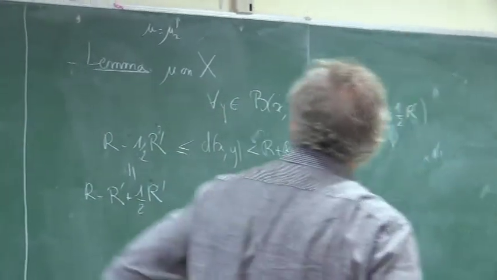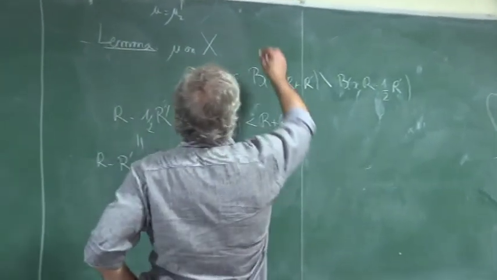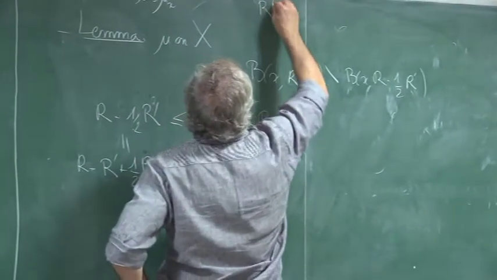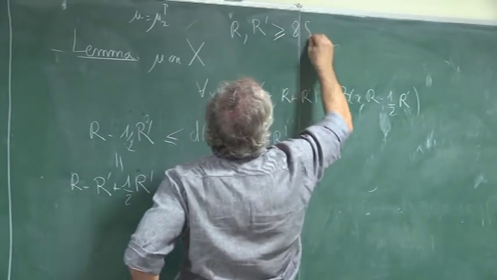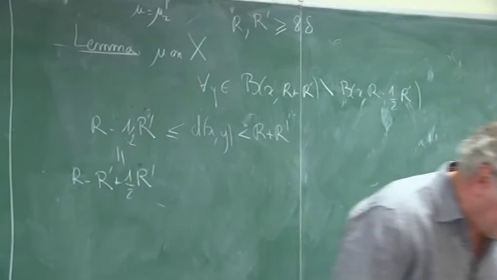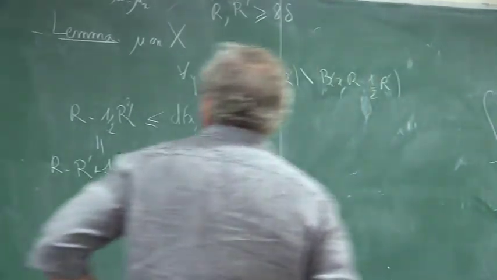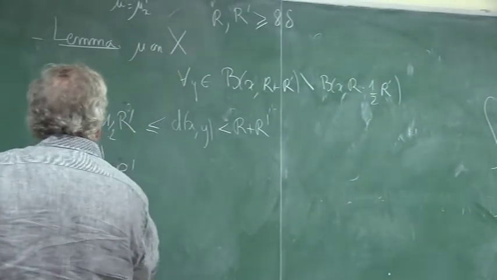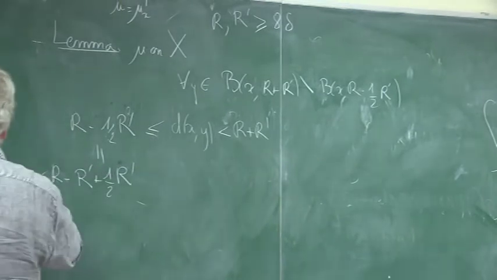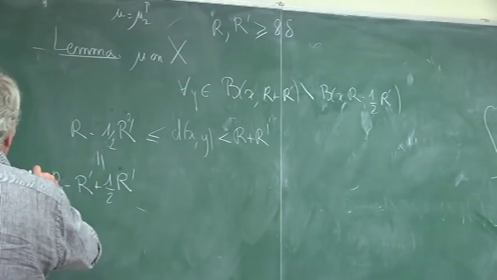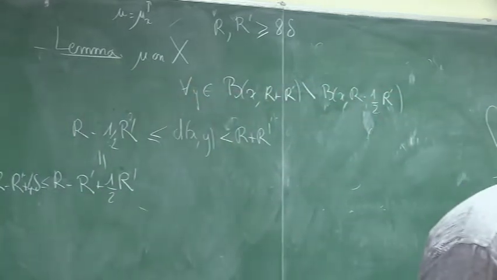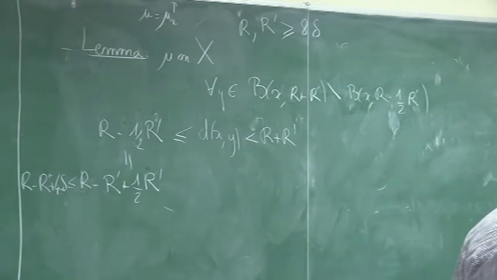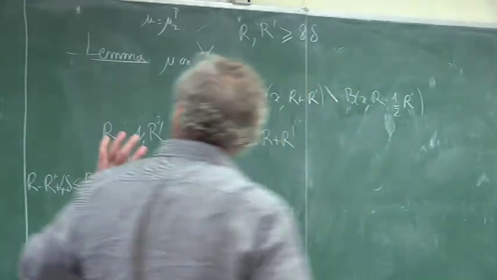I forgot an important assumption: I will assume that both numbers are big enough, and here big enough is 8 delta, right? So this will be greater or equal to r - r' + 4 delta. Okay. So it's not difficult.